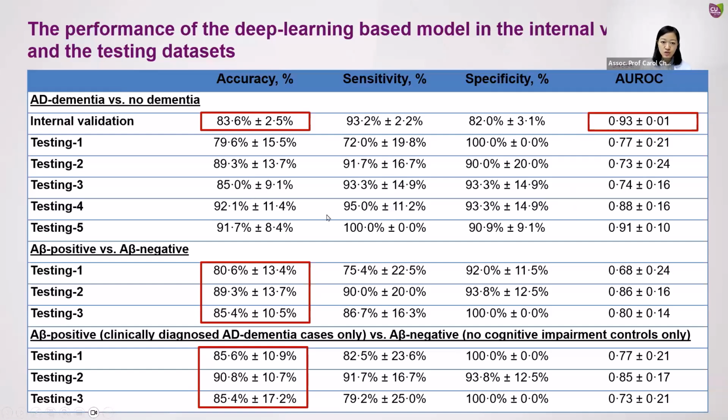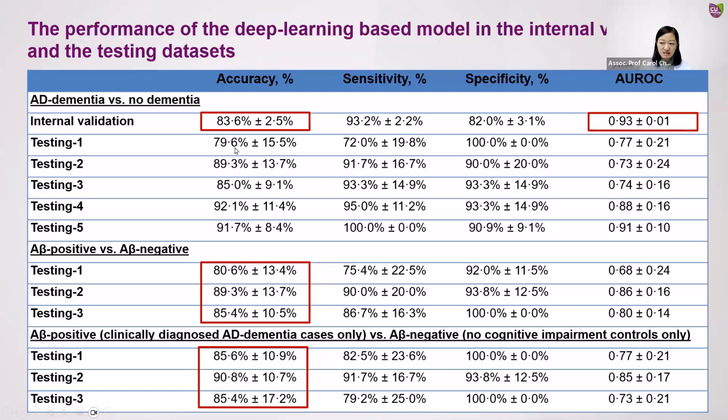So this table shows the performance of our deep learning-based model in the internal validation and also testing data sets. For discrimination between AD dementia and no dementia, the model achieved accuracy of 83.6% and AUROC of 0.93 in internal validation.